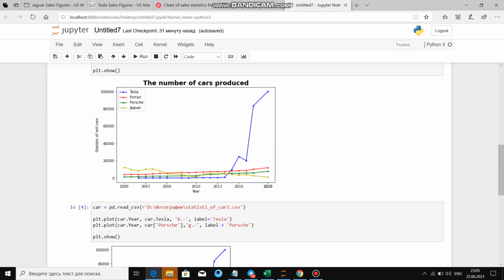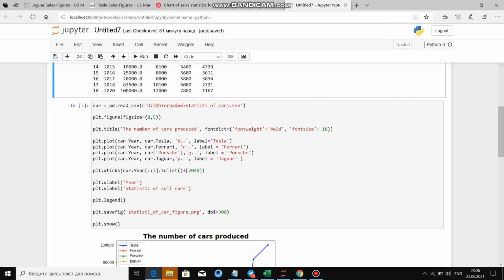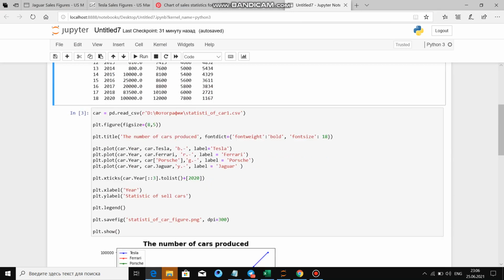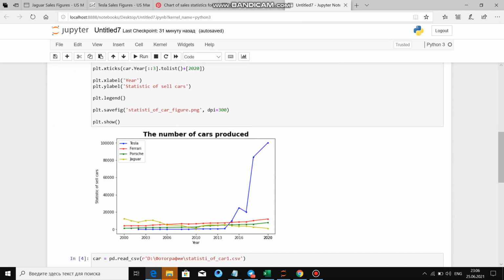My graph gives an account of the number of cars produced from 2000 to 2020 and the sales in the market in China, Germany, and the US. Overall, Ferrari and Porsche show predictions that the number of cars manufactured and cars sold are set to jump sharply at the end of the time surveyed.